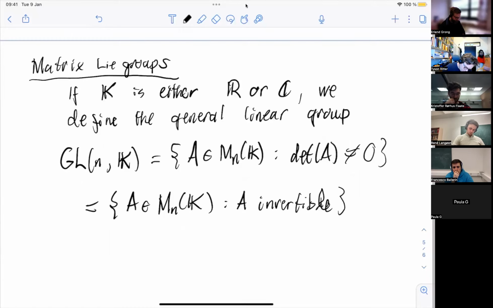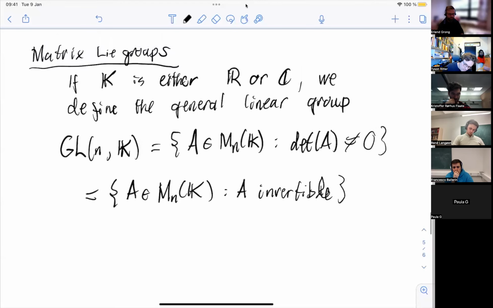So in other words, we are considering all matrices that are invertible, and this is a group. So hopefully you all know what a group is. It means that the multiplication of matrices is associative.